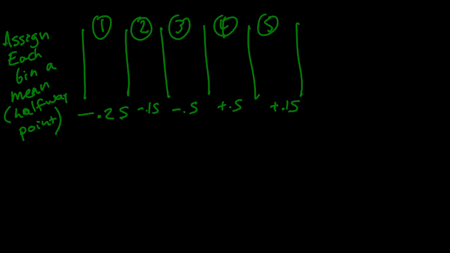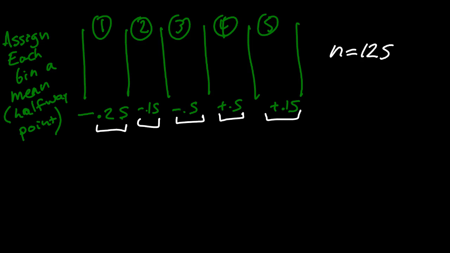Now, I'm going to assign a midpoint to each bin when I convert it over to a probability distribution. And now I'm going to take my original number and divide by my total. So as I mentioned, we have 125 draws.